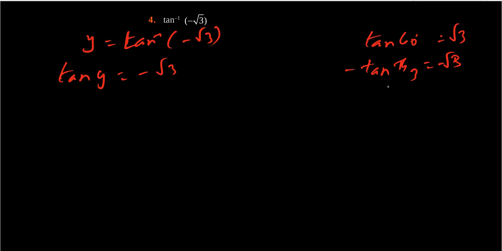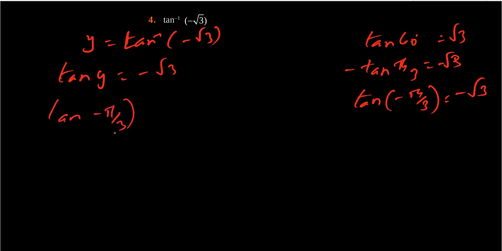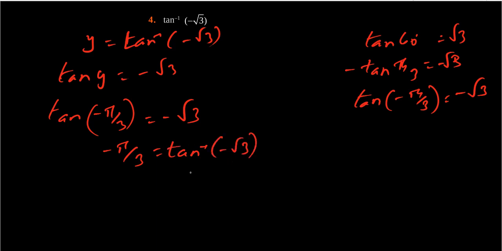So, tan of minus pi by 3 is tan minus pi by 3. Let me substitute here. Tan of minus pi by 3 is equal to minus root 3. So, for minus root 3, the tan function will be at minus pi by 3. If we bring tan to the right hand side, minus pi by 3 is tan inverse of minus root 3.